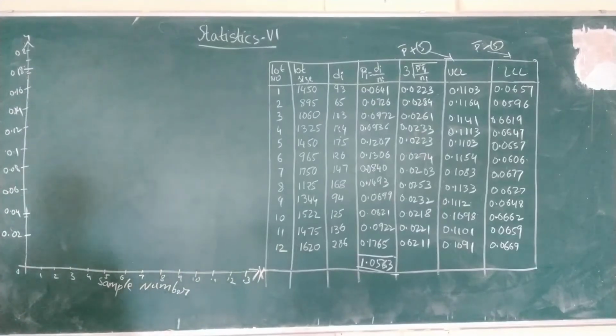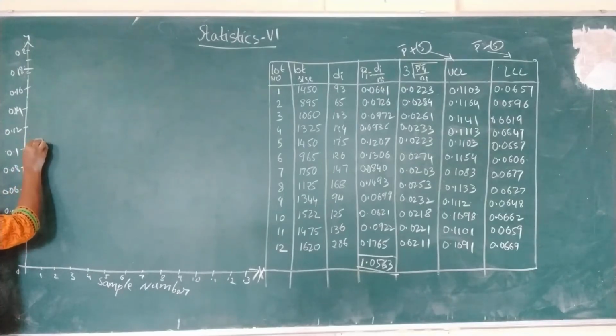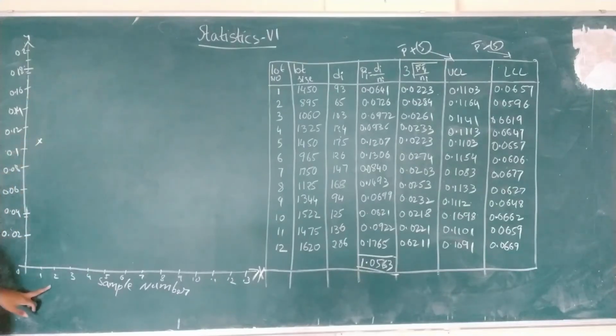Now we have to plot the UCL values first. The first UCL value is 0.11. So 0.11 is here, near to 0.1. Next, the second sample is also 0.11 only.